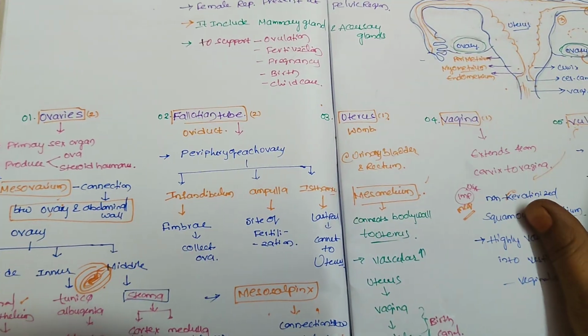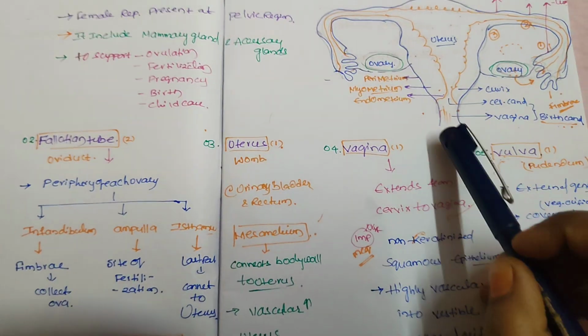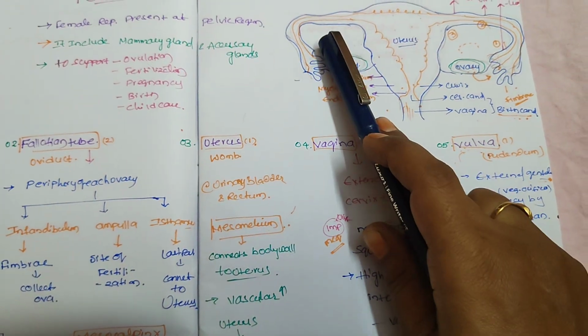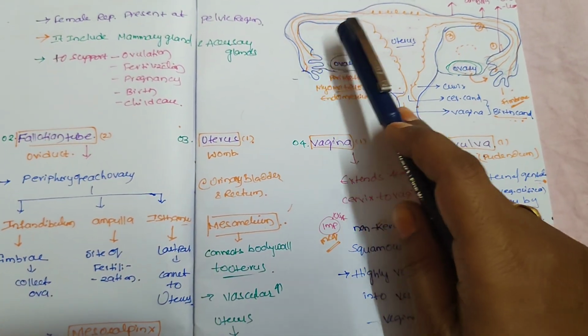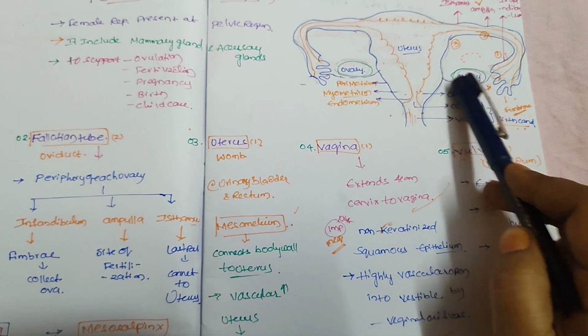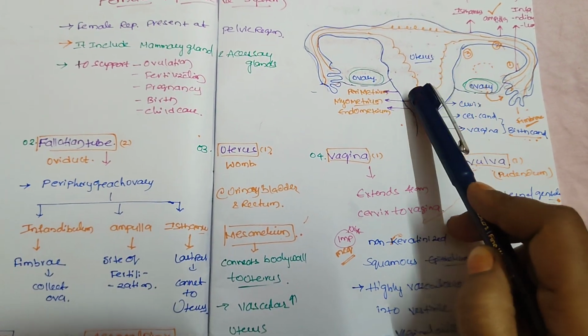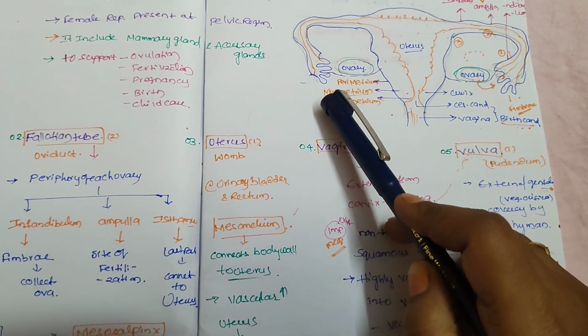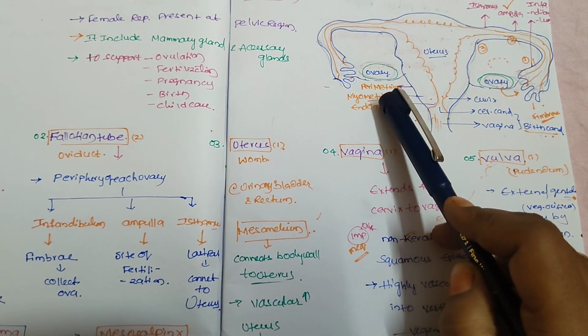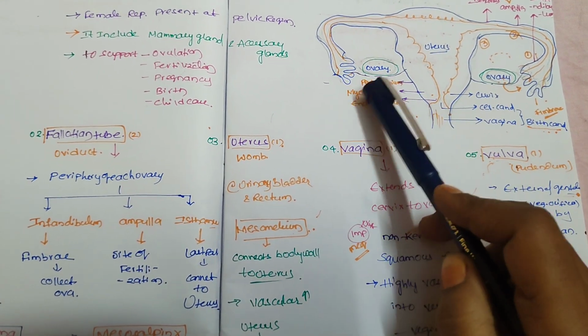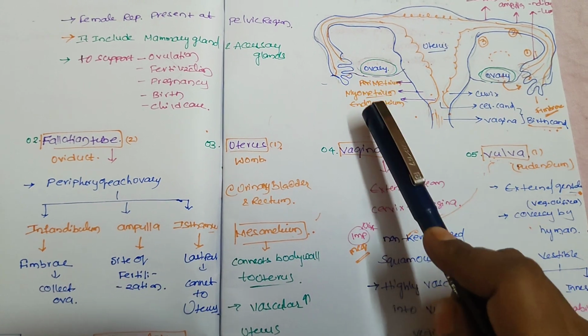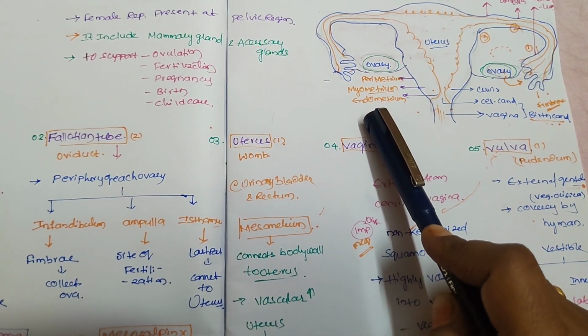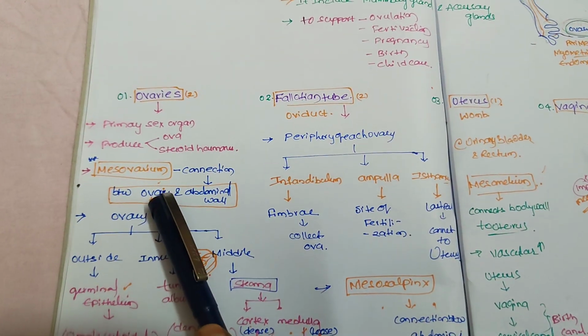So here one more concept is here. So here we have ovary, fallopian tube and uterus. So these all are in the abdominal cavity. So these are suspended in the abdominal cavity with the help of mesentery, means like a tissue. So here the ovary is attached to the abdominal cavity with the help of mesovarium.